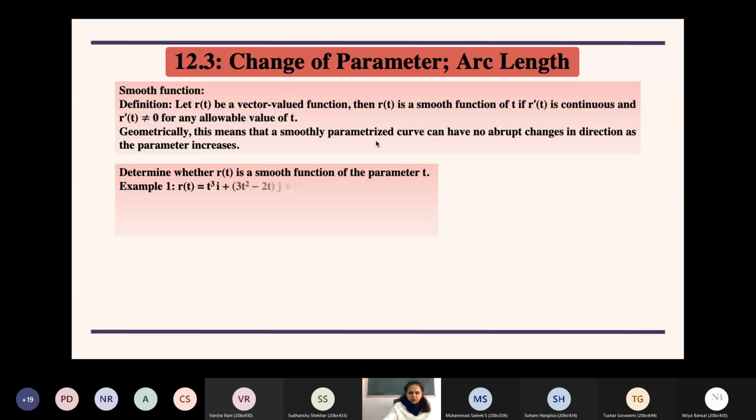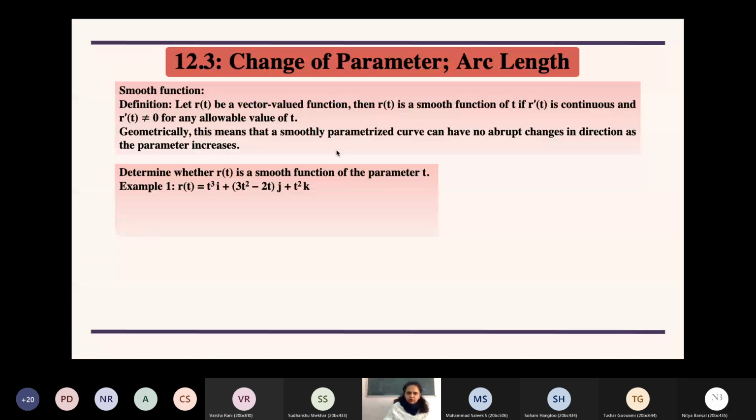So this is the first example. Okay, can somebody tell me firstly what is the derivative r dash t? What will be r dash t in this case? Yes, what is r dash t? 3t square i. 3t square.